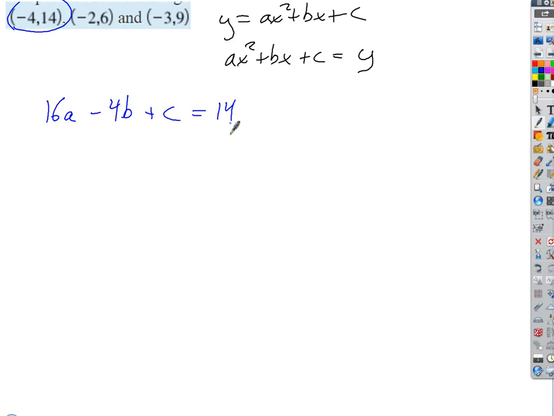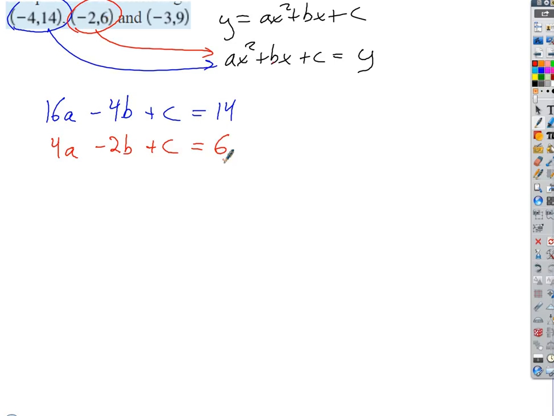That's what the blue point gives me. For the red point, plugging in -2 for x, I get a times -2 squared is 4a, plus b times -2 is -2b, plus c equals 6. And finally, for the green point, plugging in -3, I get a times -3 squared is 9a, and then b times -3 is -3b, plus c equals 9.